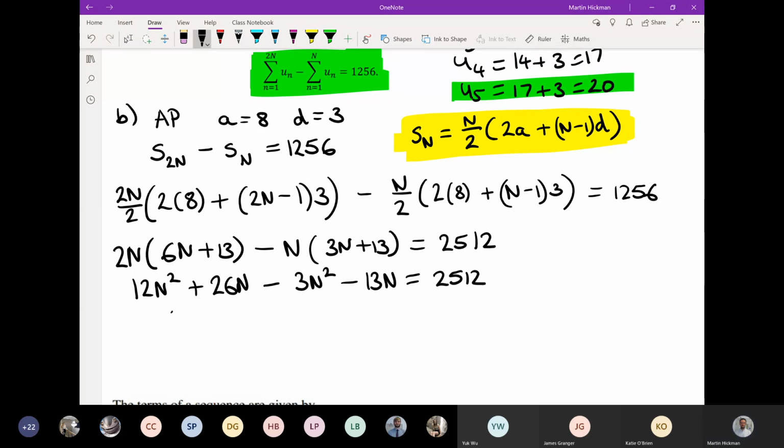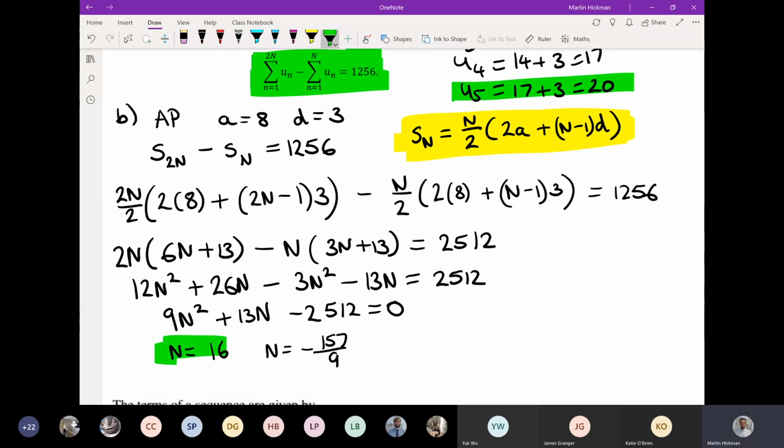Collect together your n squareds, collect together your n's, and add, then subtract this 2,512 from both sides, and then just use your calculator to find the solution here.